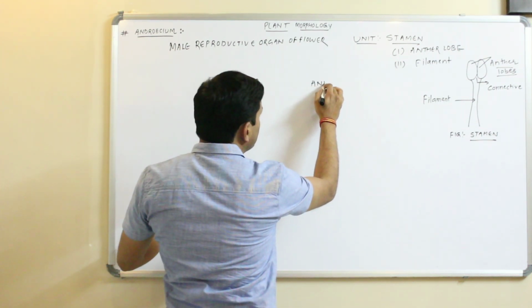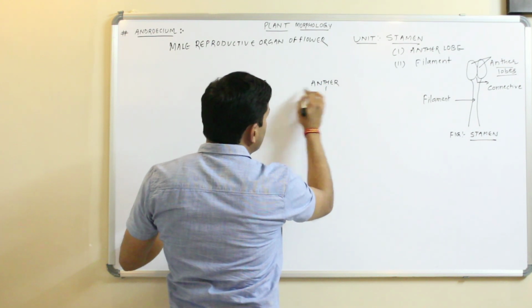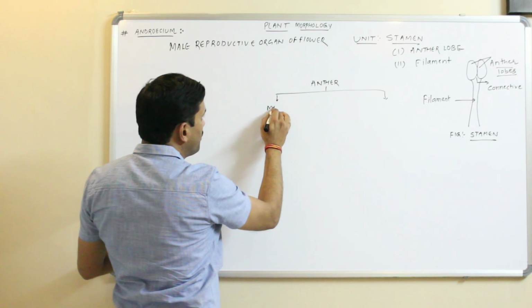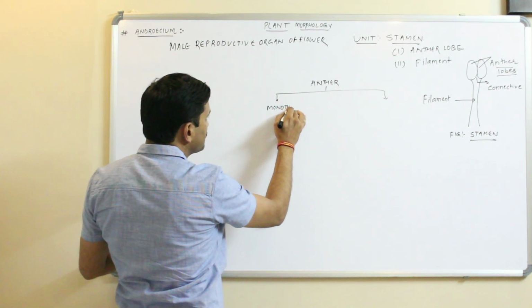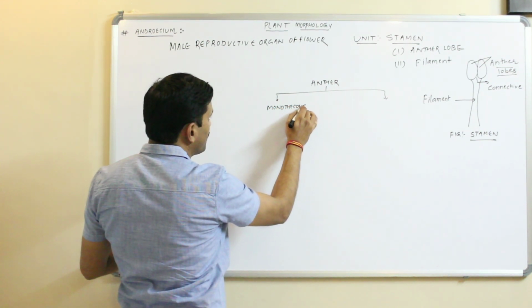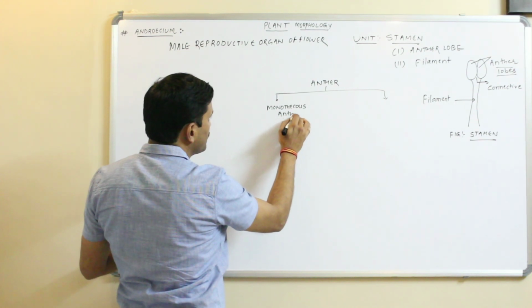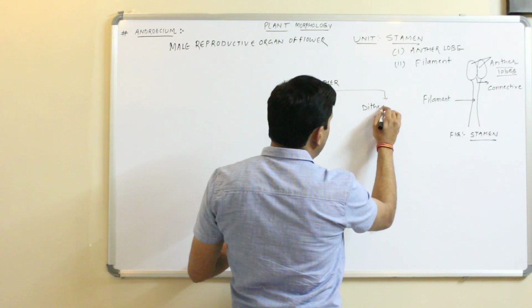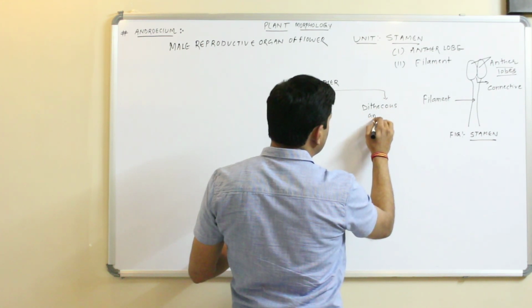Now anther is basically of two types. One is known as the monothecous anther, and the other one is known as the dithecous anther.